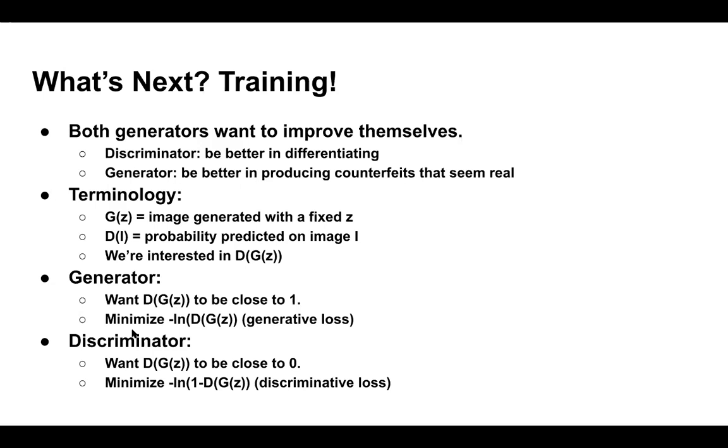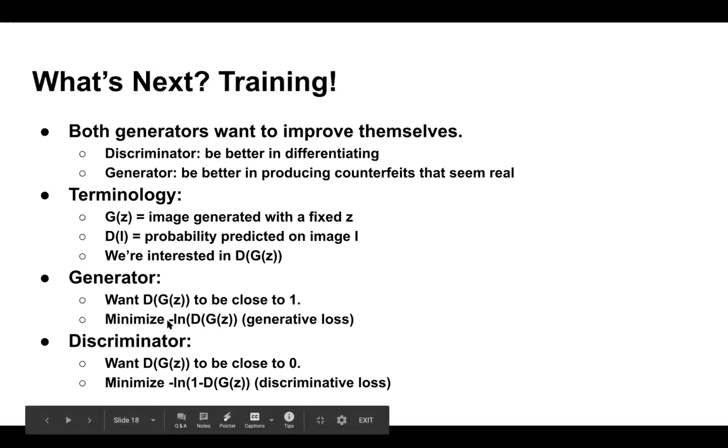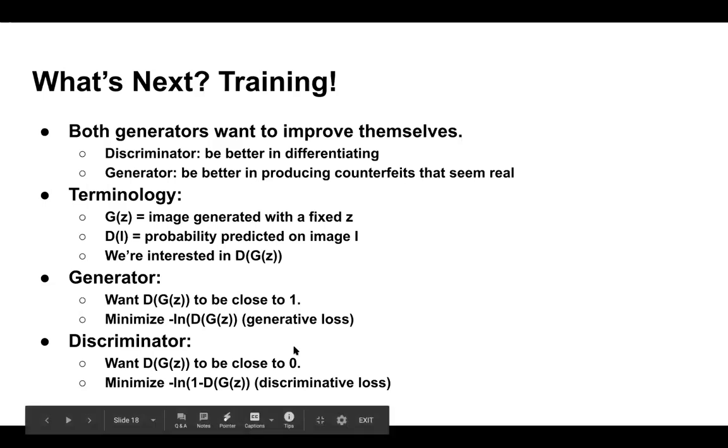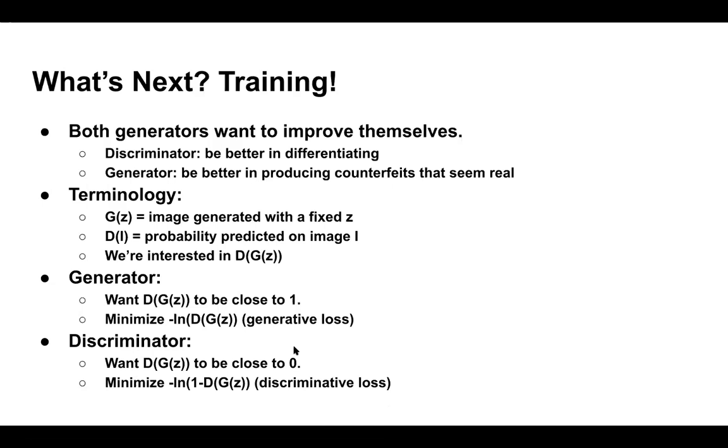And therefore it has a generative loss, which we denote as minus ln of D of G of z. This is zero when this probability is 1, and positive infinity when this is 0. On the other hand, the discriminator wants to be good at differentiating between fake and real, and therefore it wants the prediction for this fake image to be close to 0.